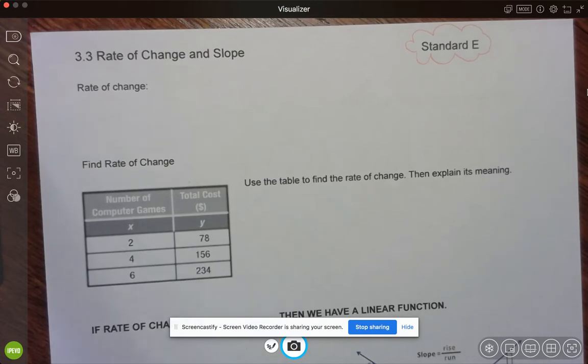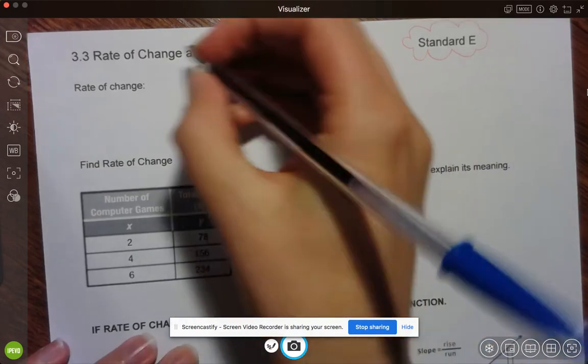So to start, we are looking at rate of change and slope. So what in the world is rate of change?